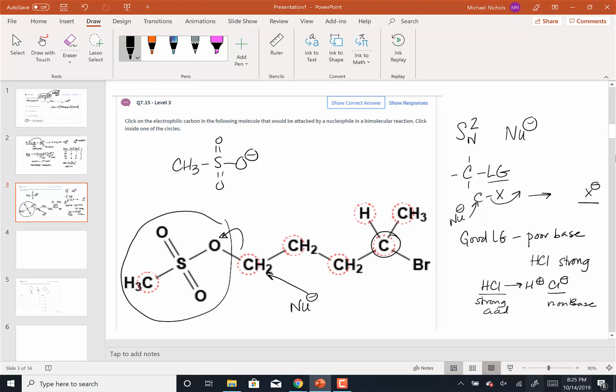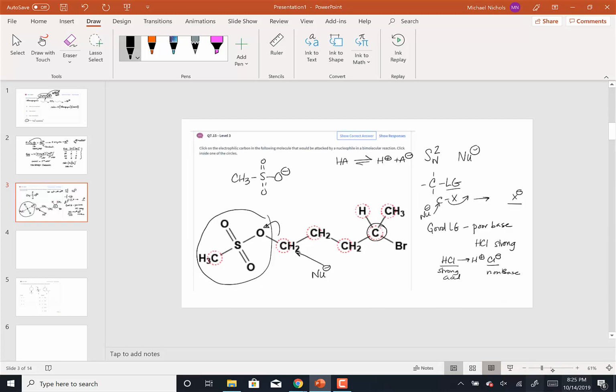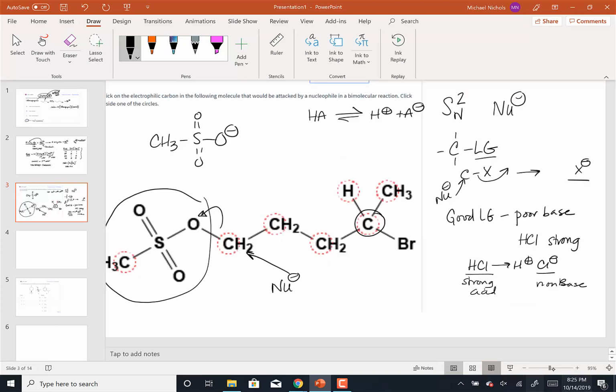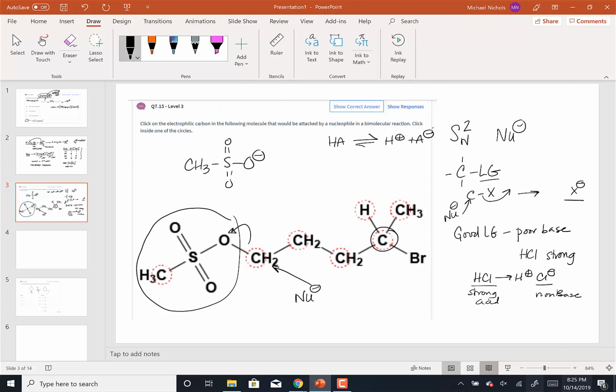Well, we have to go back to basics on that and say, when you take an acid and you dissociate it into H plus and A minus, one of the ways to shift the equilibrium towards the formation of the H plus and A minus, and therefore increase the amount of dissociation, is to make this A minus molecule more stable.